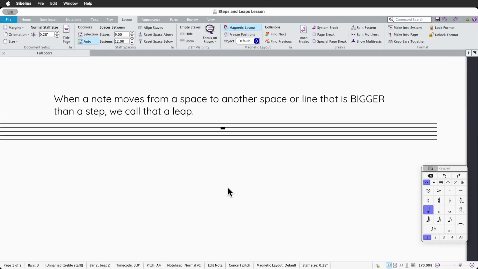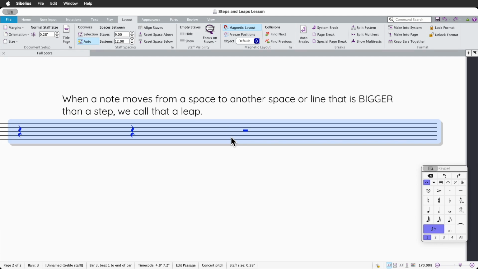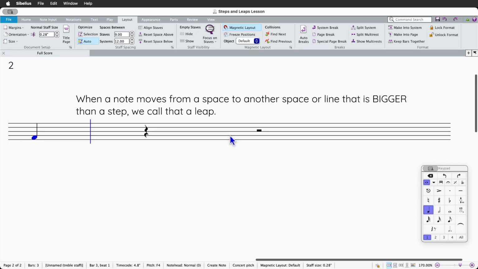Now, if we come over here and we start looking at leaps, we have a lot more choices when it comes to leaps. When a note moves from a space to another space or line that is bigger than a step, we call that a leap. So essentially, anything that isn't a step, we're going to consider as a leap. So let's do a couple of examples here. Let's say we start on the first space, and that's an F in treble clef or an A in bass clef.